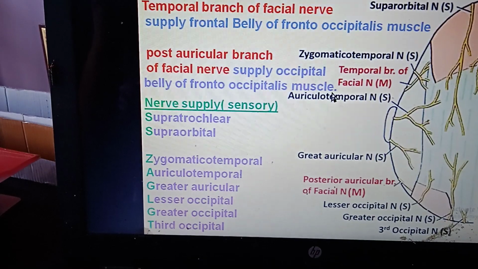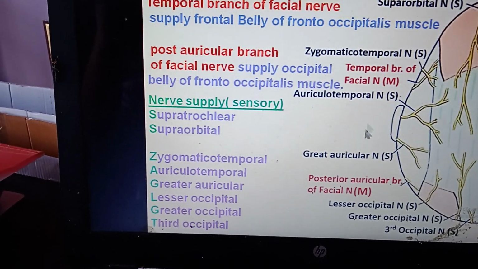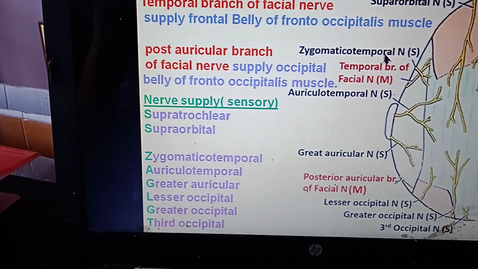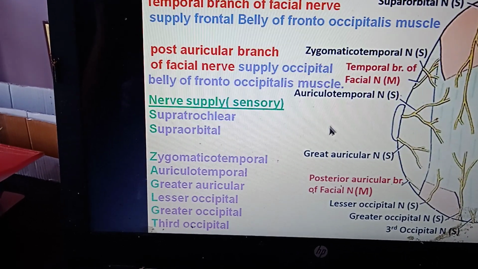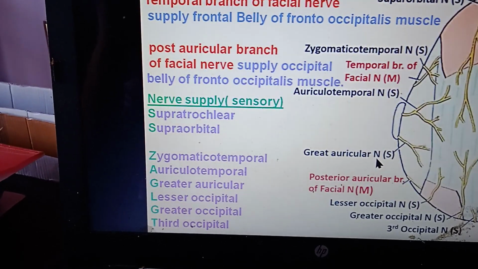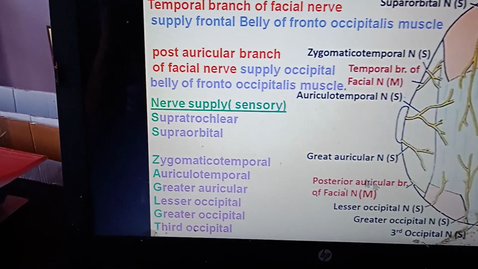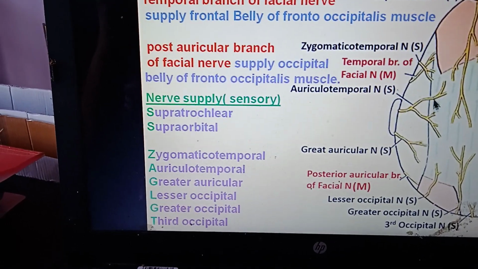So jag, to wake up we twist the ear. So jag is around the ear, or auricle. So zygomaticotemporal, this is the temporal region, that's why zygomaticotemporal, auriculotemporal and greater auricular all are around the auricle, and here is the temporal. Okay, for waking up, all these three nerves are around the auricle.